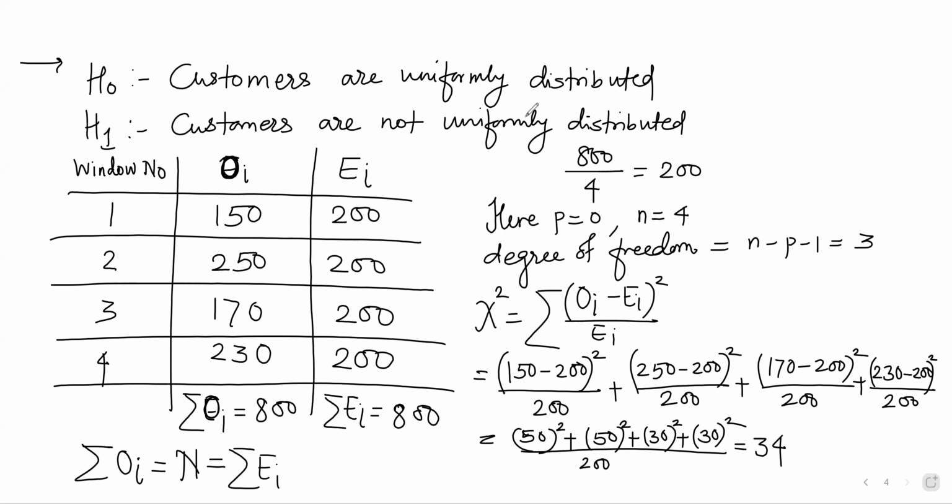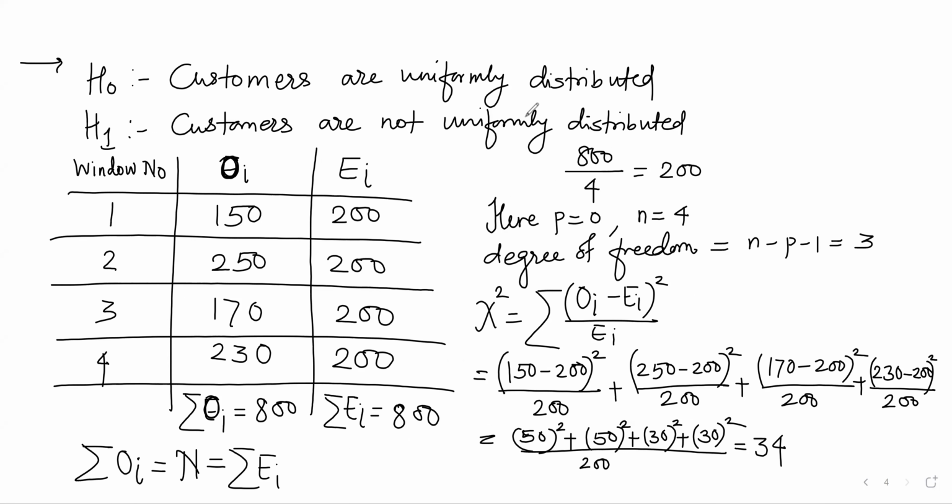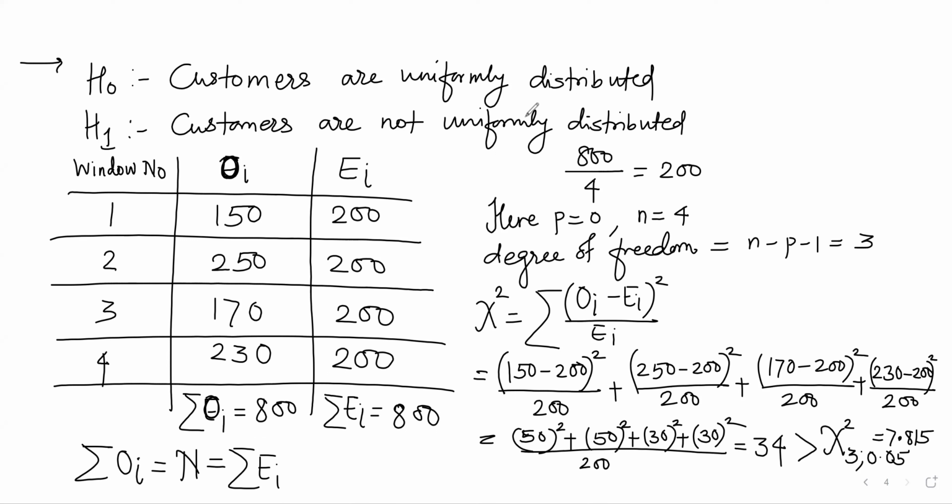Now you can see what chi-square is given for this degree of freedom at 5% level of significance. It's 7.815 and we are getting a higher value, correct? We are getting this as greater than chi-square of 3 at 0.05, and that value is 7.815. So this is greater.